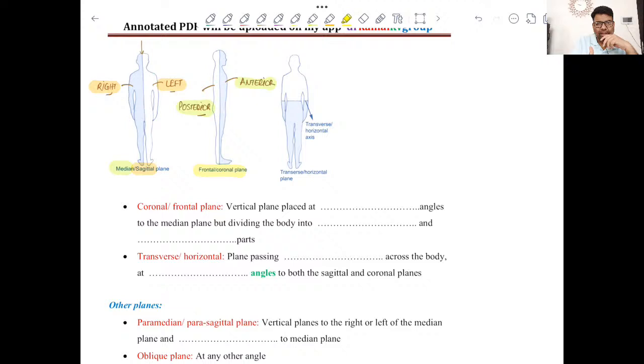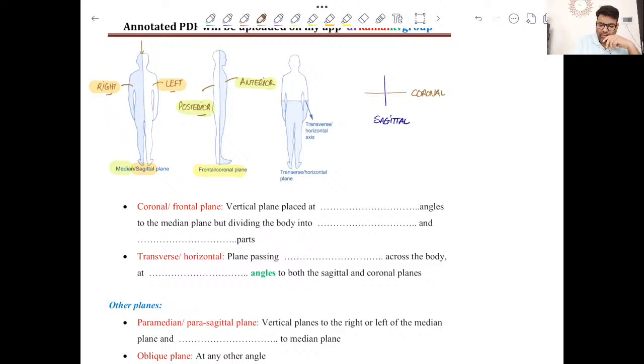So sagittal and coronal. Now both these planes are at right angle to each other. So suppose this is the sagittal plane, then this is the orientation of the coronal plane. Clear? So I think that will help you.